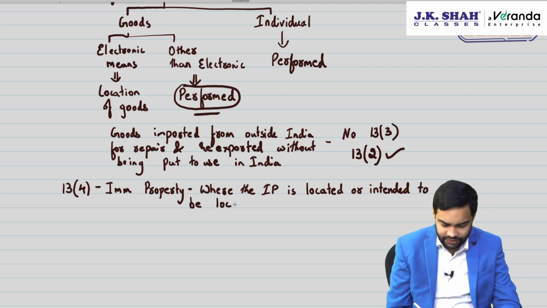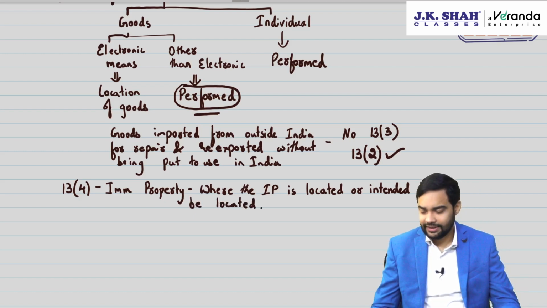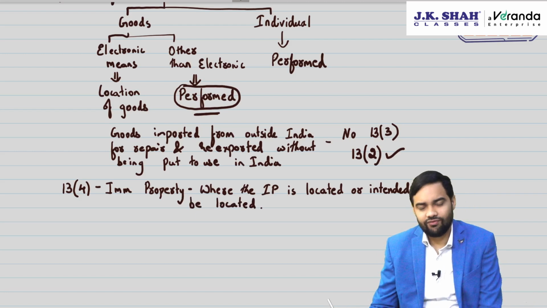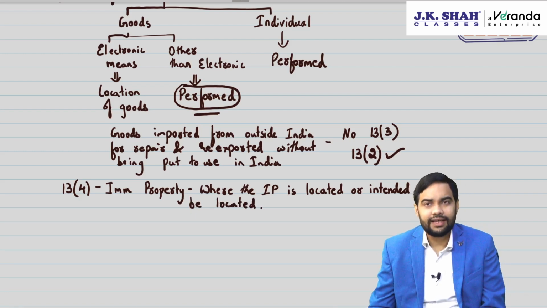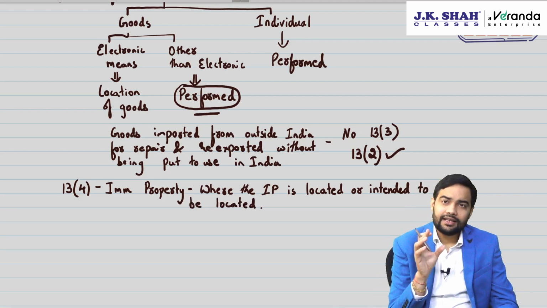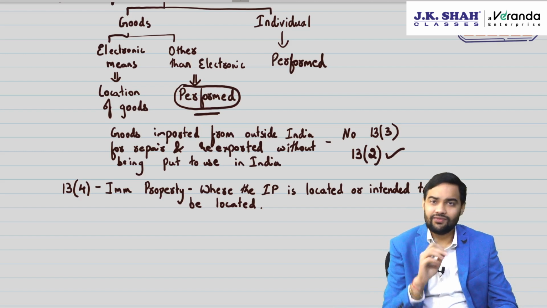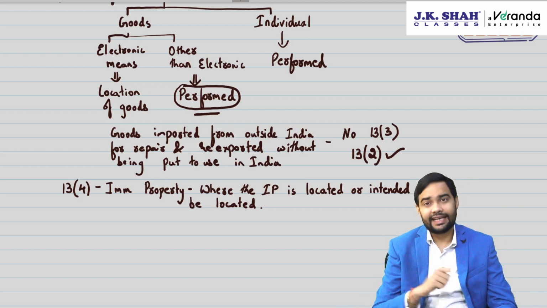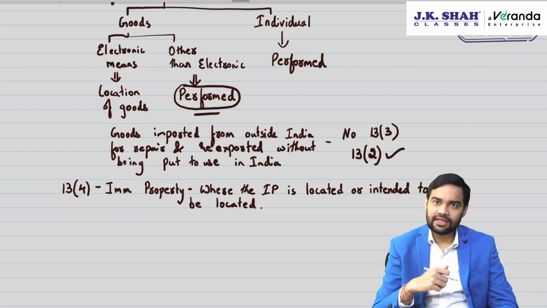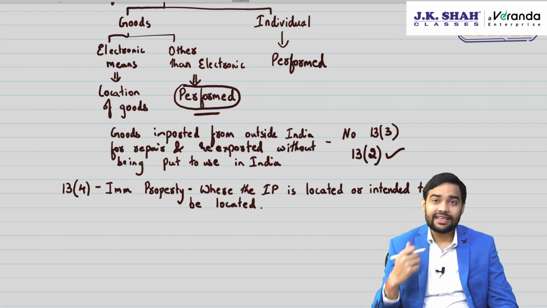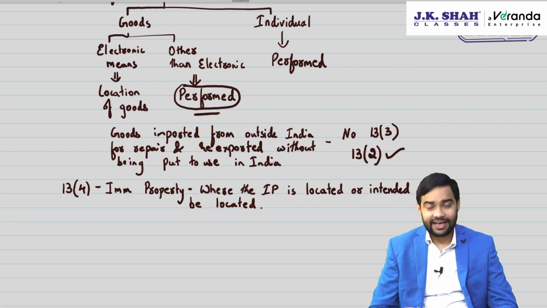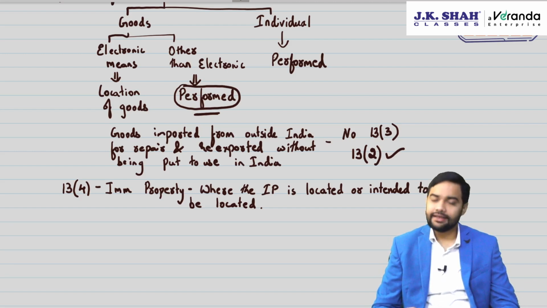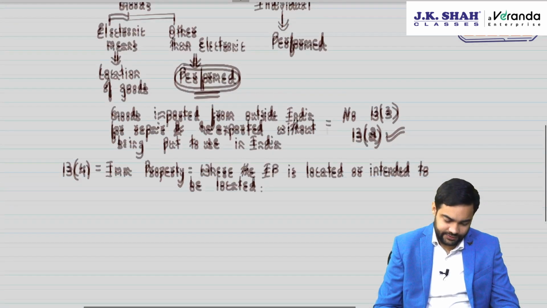Say suppose it's a general opinion relating to immovable property, then it is not covered by 13.4, because 13.4 covers only cases where the service is related to a specific immovable property. Renting can be an example, architect can be an example, construction industry can be an example, anything related to the mining industry, right to use, all that are covered by 13.4.